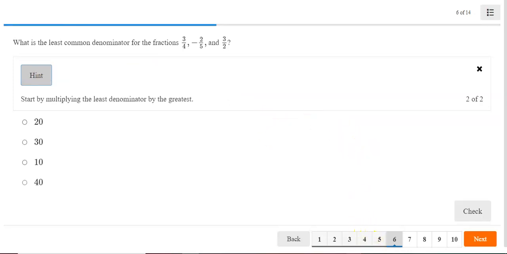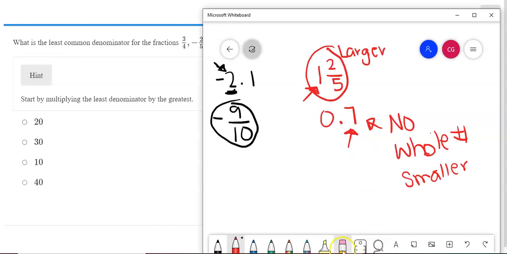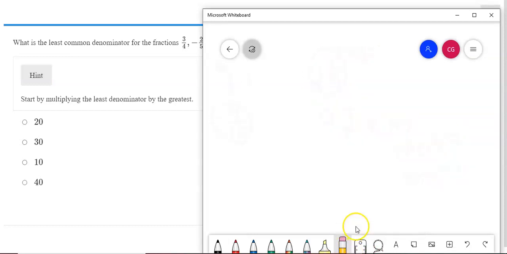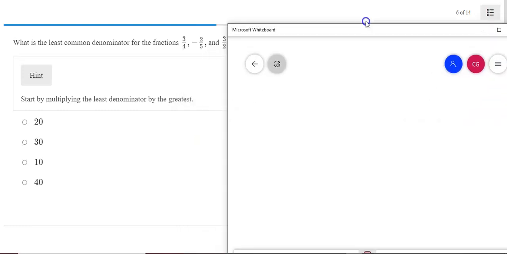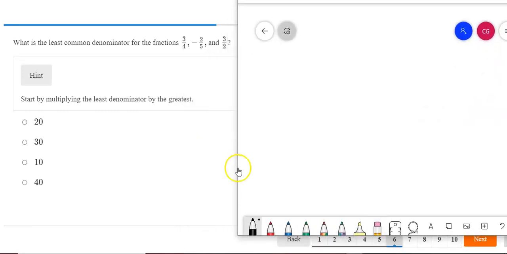So let's pull up our work page and delete what I got on here. Our fractions are 3/4, negative 2/5, and 3 over 2.